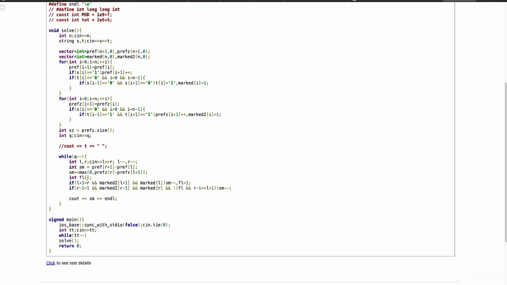Okay, and then we create a flag. If L plus 1 is less than R, obviously we do not want to exceed the range. So if L plus 1 is less than R and mark 2 of L plus 1, why are we using mark 2? For mark 2 we are keeping track of the converted zeros. So if L plus 1 is a converted zero, and marked L is 1, what I mean by this, I'll explain to you.